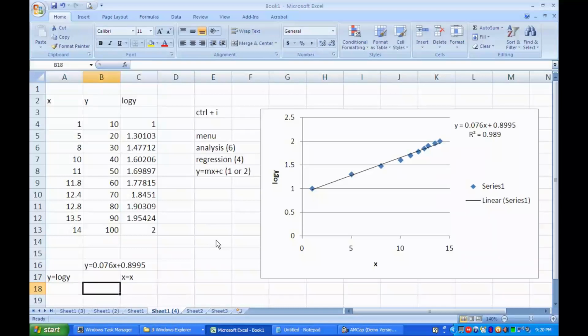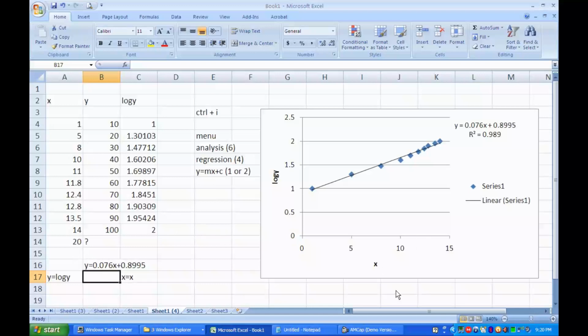Now, let's suppose the question is saying, what would you expect the y value to be when x is 20? Based on this equation, you can put x equals 20 right into it because we plotted the x data points onto the horizontal axis.